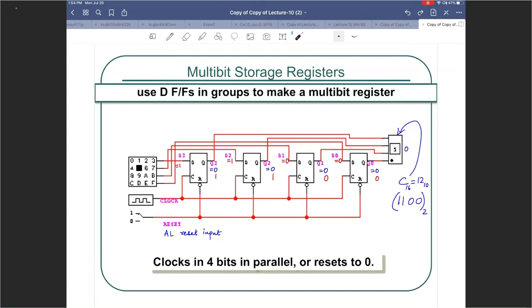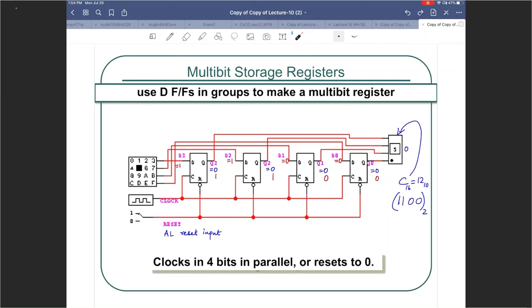And the way we have set it up, a C, in hexadecimal format, will appear in that 7-segment display, right? And as you can see, all the clock inputs are one wire, so they are all synced up, which means the 4 bits are getting clocked in parallel.